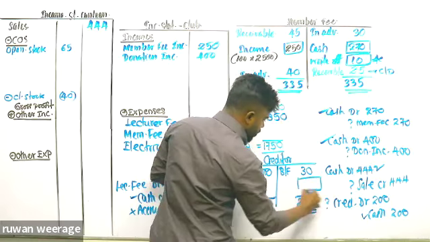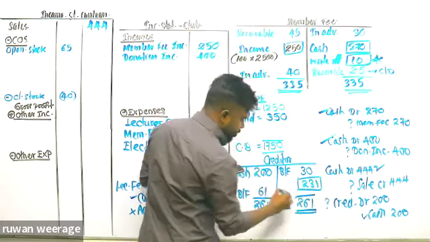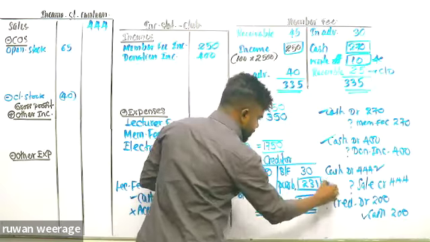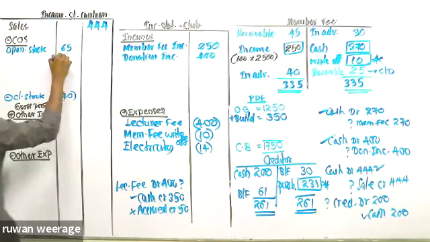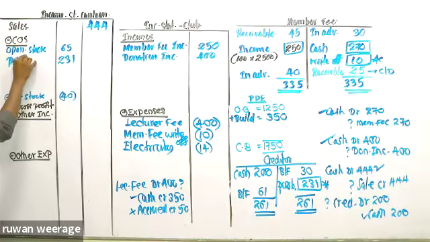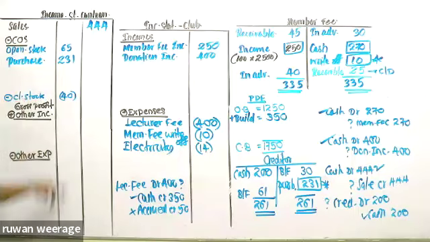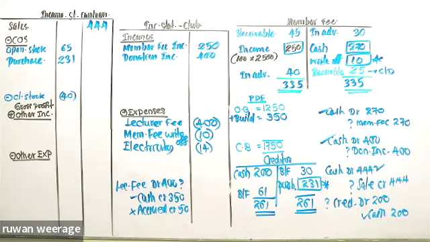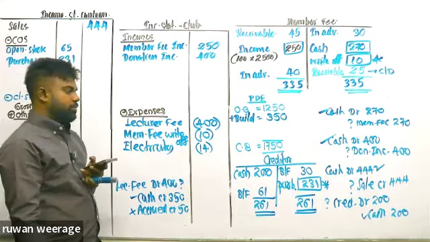You can identify 231. What is that? Purchases. This is the purchase. Purchases. Clear?